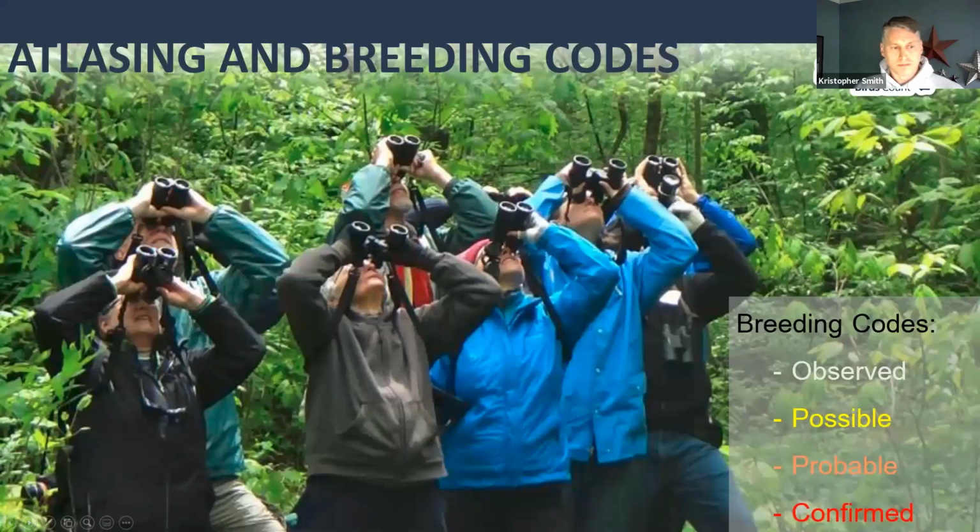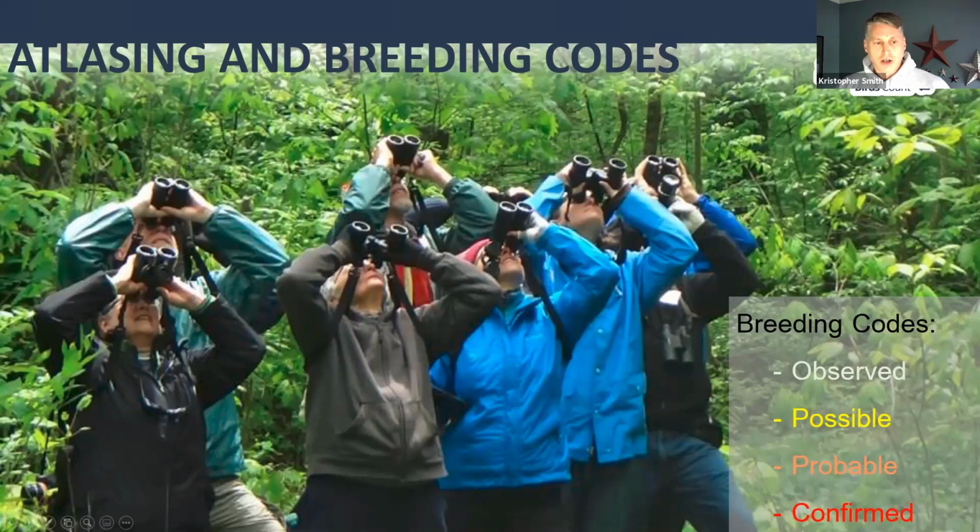So as we go, while you're atlasing, you should be recording all of those birds that you see, which will help us in determining the abundance and the diversity of the species. However, we are also interested in knowing if these species are reproducing in North Carolina, which is where our bird breeding behavior codes come into play. They are broken down into 4 different categories that provide a different level of evidence of breeding.